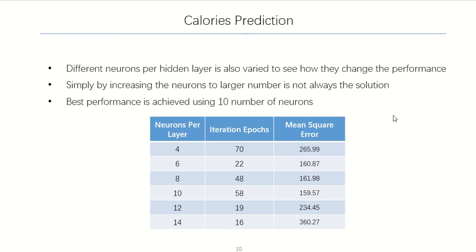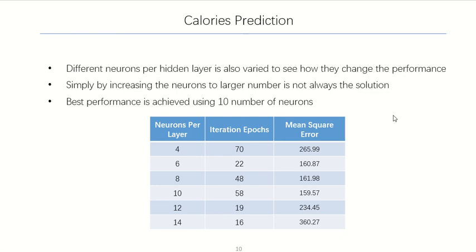From this table we can see that if we use 6 or 8 or 10 neurons per layer, the mean square error is roughly all about 160, and if we increase the neuron number to a higher number, it's not going to increase the performance of the model.